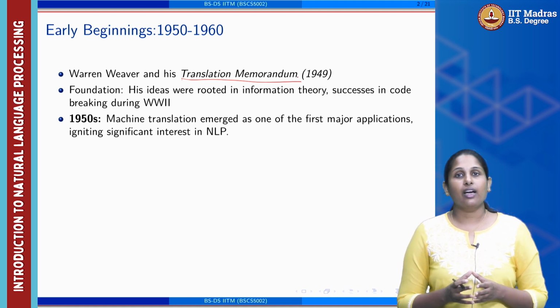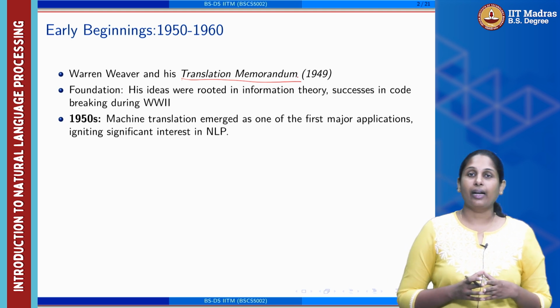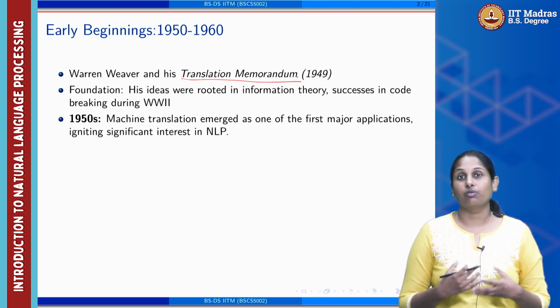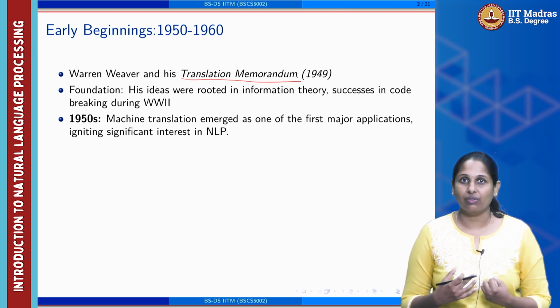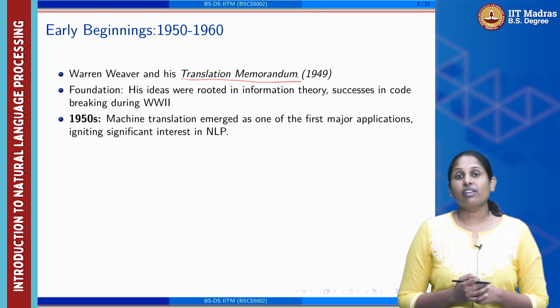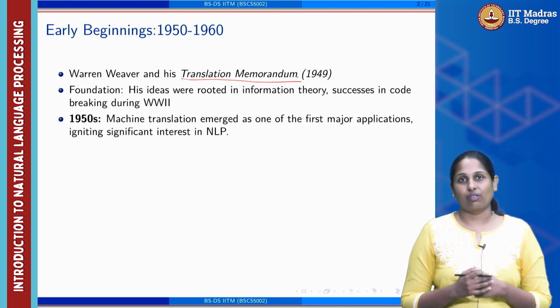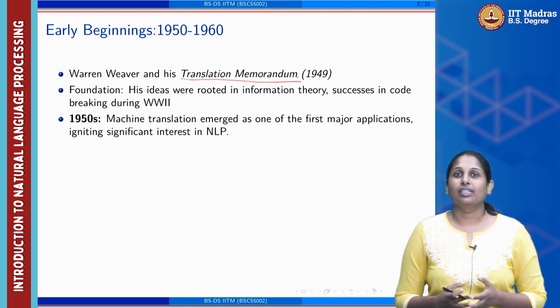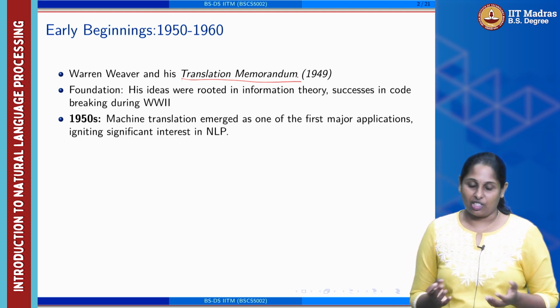So his idea is well celebrated, and a lot of people started thinking: why can't we build a computer system which understands the human language and converts it into the target language? So I would say the first NLP application that was attempted is machine translation.